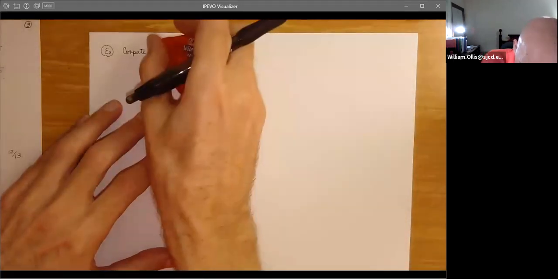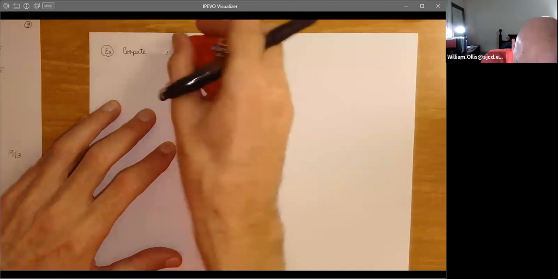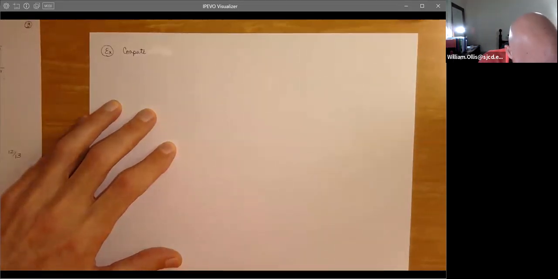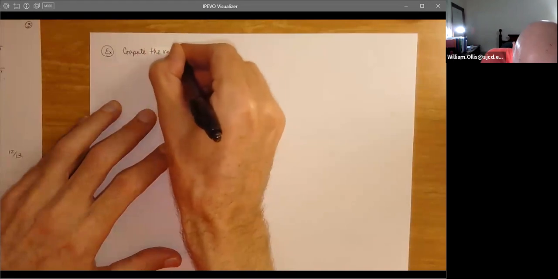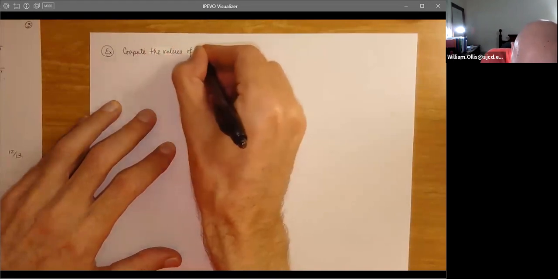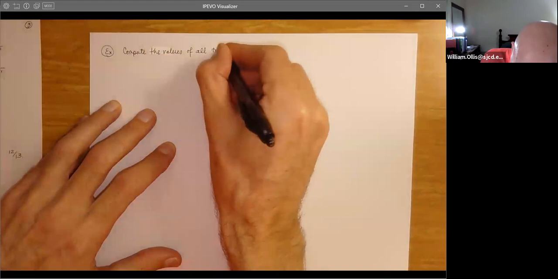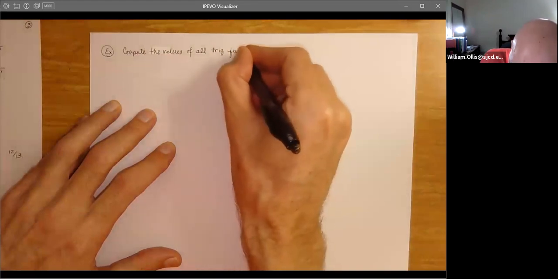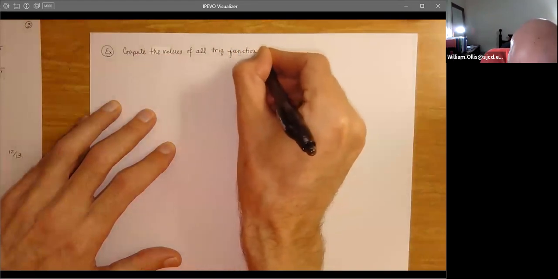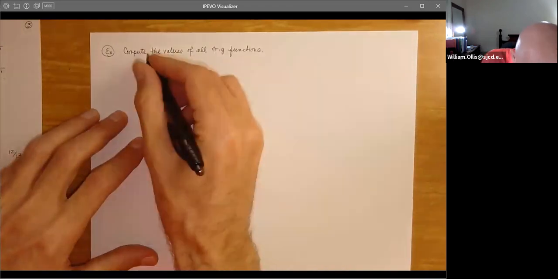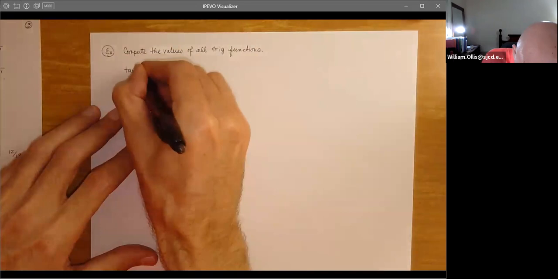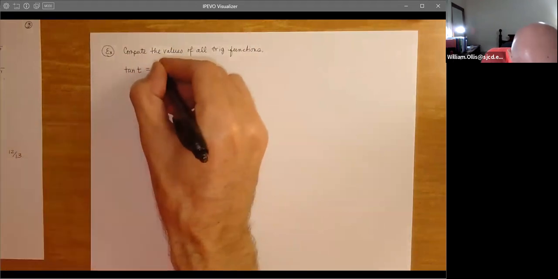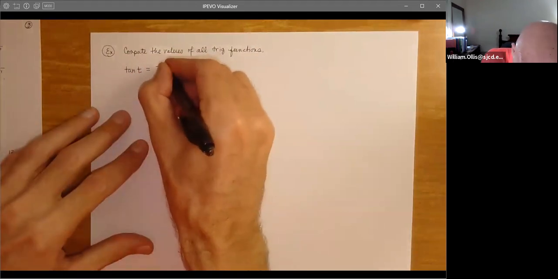Let me phrase it a little bit differently. Compute the values of all trig functions. So I'm going to give you enough information to do that. And here's what we're going to have. Here's the hypothesis. Tangent of t will be negative 12 over 5.